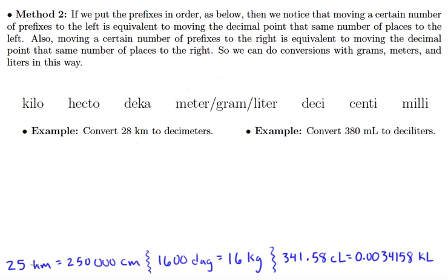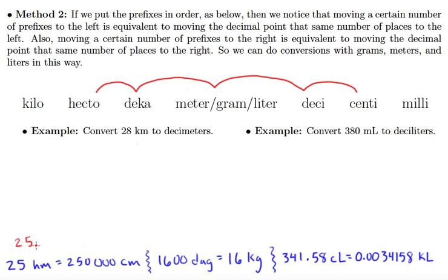And so what I want you to look at here is we have 25 hectometers, and that turned into 250,000 centimeters. Well, if you look in this chart, I can go from hecto to centi if I move to the right 4 spots in this chart. But also notice that if I start off with 25 hectometers, then if I do that same thing with the decimal point, right?